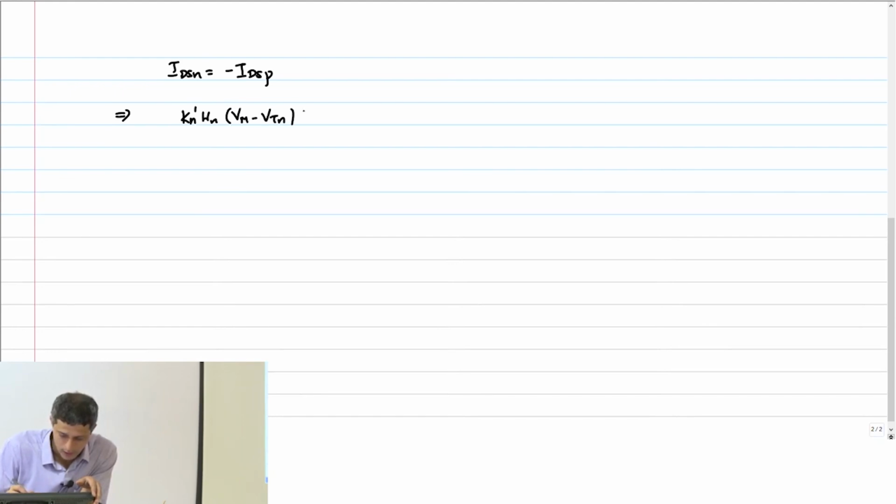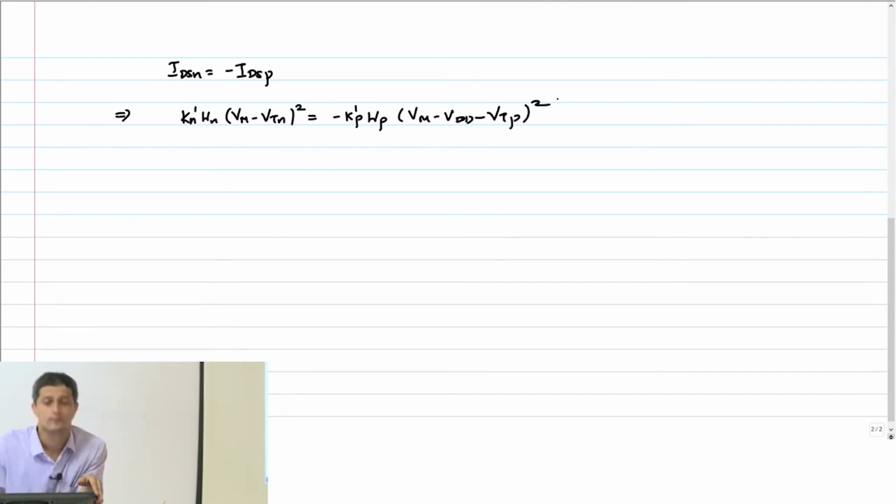Okay, so now we go ahead and equate the two currents. IDSN equals minus IDSP, which implies Kn prime Wn into Vm minus Vtn the whole squared equals minus Kp prime Wp into Vm minus Vdd minus Vtp the whole square.